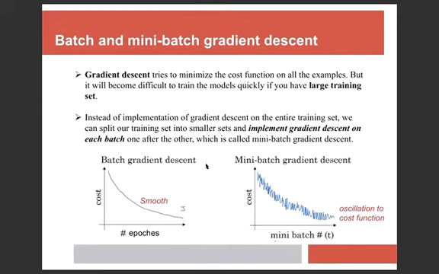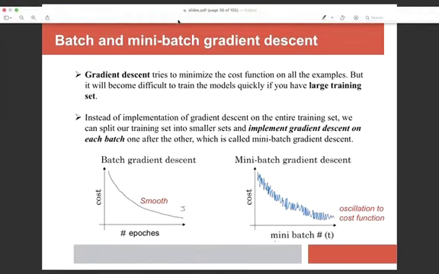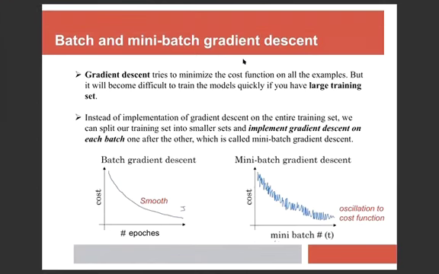As we talked before, gradient descent is an optimization algorithm used to backpropagate the errors and update the neural network parameters. If we input the whole training data through the network and update the parameters, it will become difficult to train the model quickly because the calculation will be very slow.